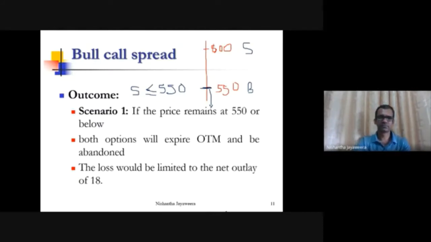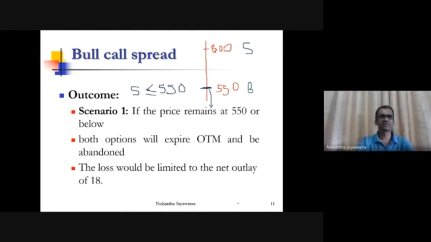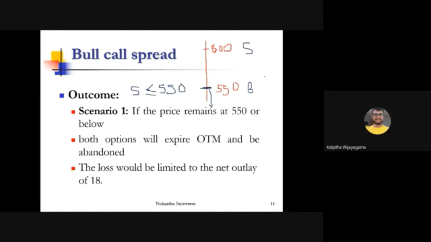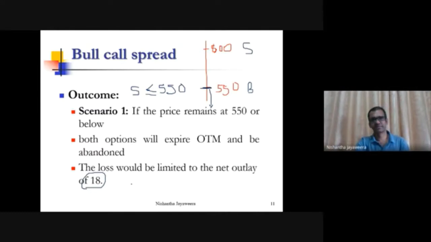There's no need to exercise this call because the spot is the same as the exercise, right? Same or less than that. So you won't exercise your right. And then obviously the person who's buying the call will not exercise as well. Yes, he is also not going to exercise. So what is your gain or loss? It's the difference between the premiums. So it is the net outlay of 18. That means you lost 18. Clear?